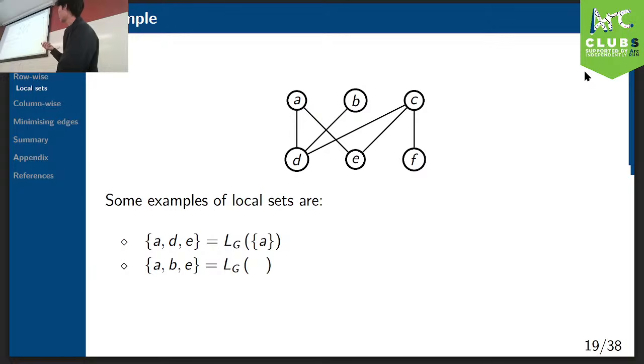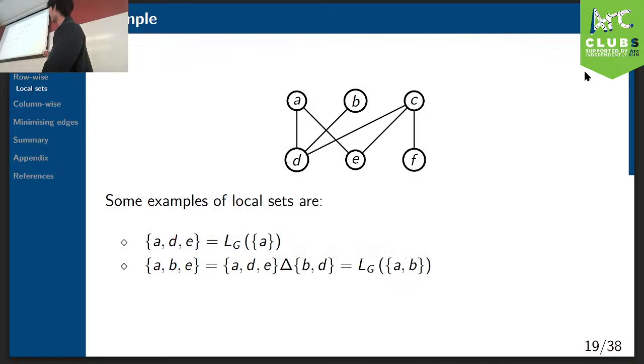And A, B, and E, we can split up as the symmetric difference of A, D, and E, and B and D. It's the symmetric difference because the element D occurs in both, so we don't take it, and the elements A, B, and E occur in exactly one. And these two sets are exactly the closed neighborhoods of the vertices A and B.